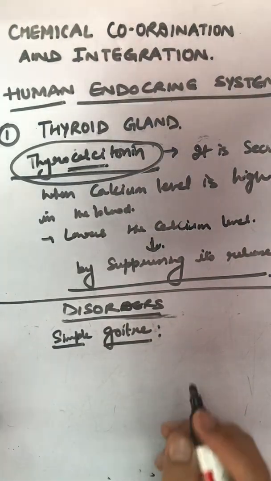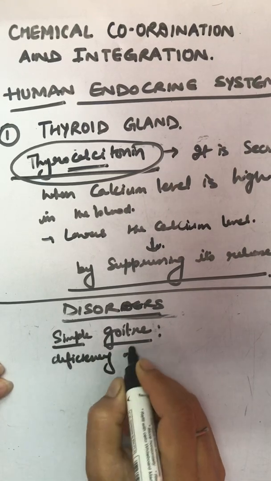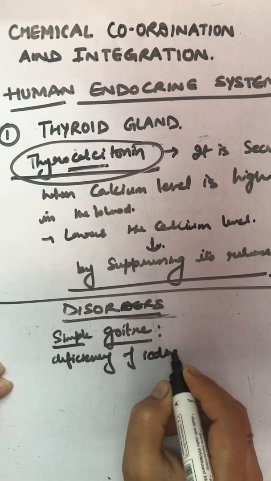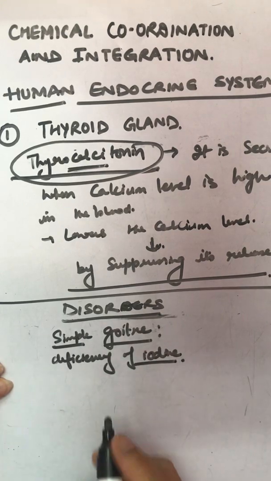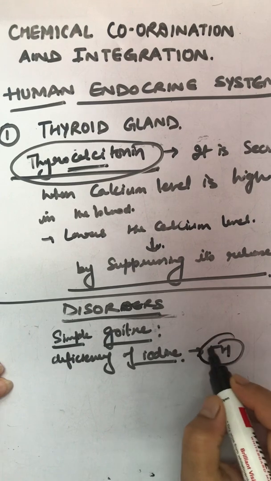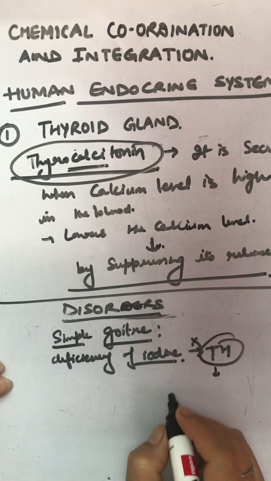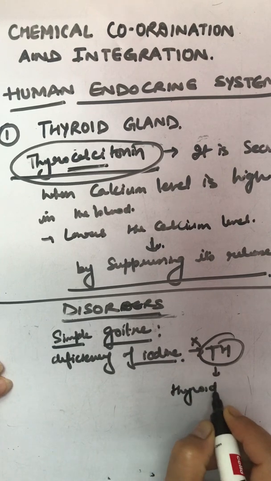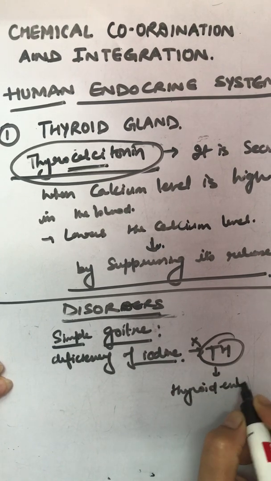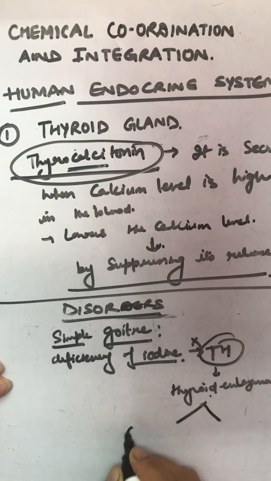Simple goiter is basically because of the deficiency of iodine in our diet, because iodine is necessary for the synthesis of thyroid hormone. If iodine is not provided, what will happen? Obviously thyroid enlargement, it may then lead to cretinism.